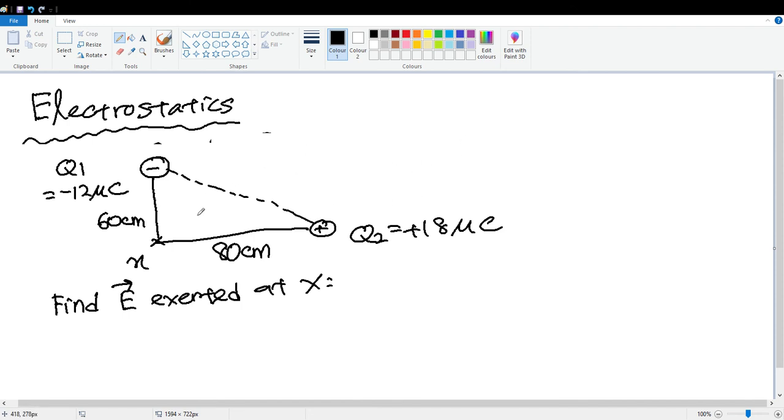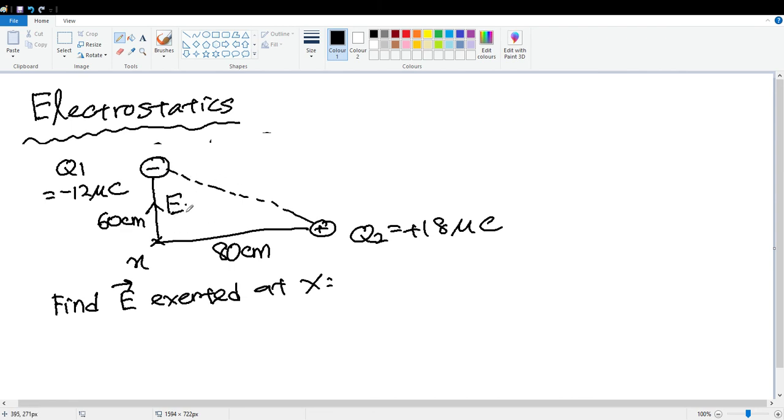So what we need to do at first is determine the direction of the electric field strength. We can see that this is the negative charge, so the direction of the electric field is pointing towards, or inwards, to the negative charge.